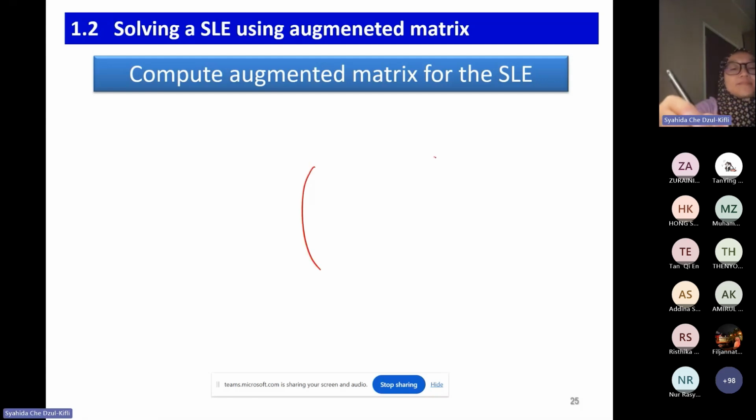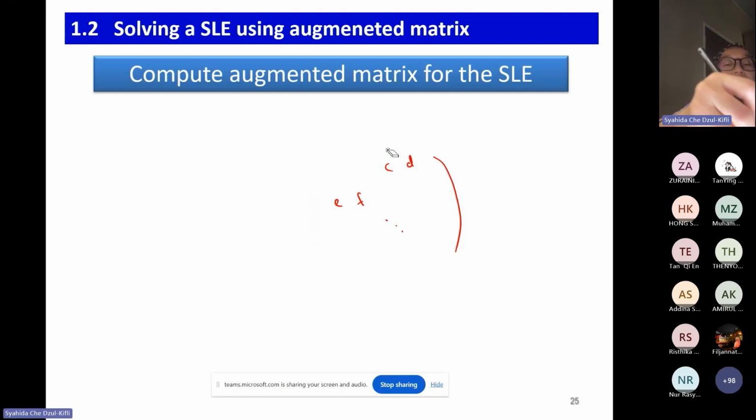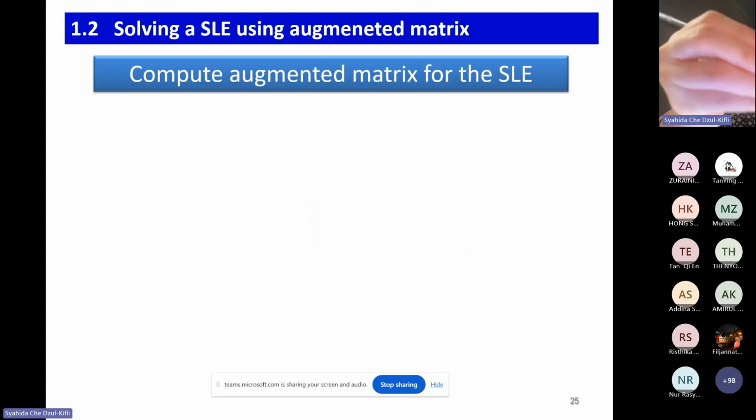Remember, a matrix with elements A, B, C, D, E, F, etc. Here is a general method of how to solve systems of linear equations using a matrix, which is called the augmented matrix.